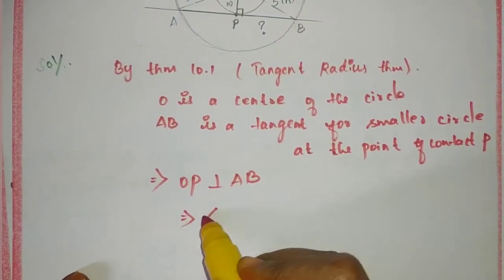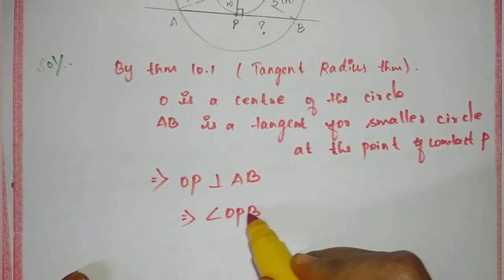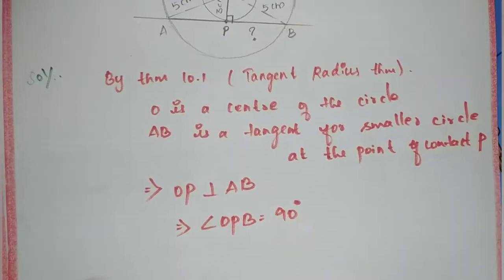It implies angle OPB is equal to 90 degrees.